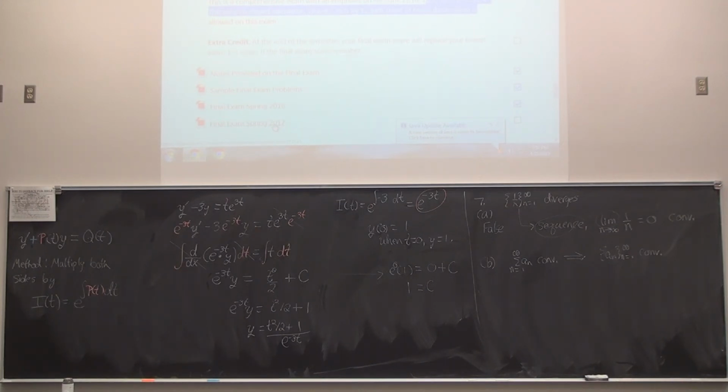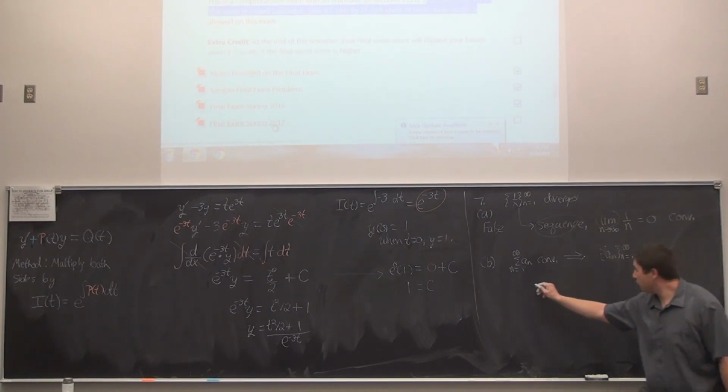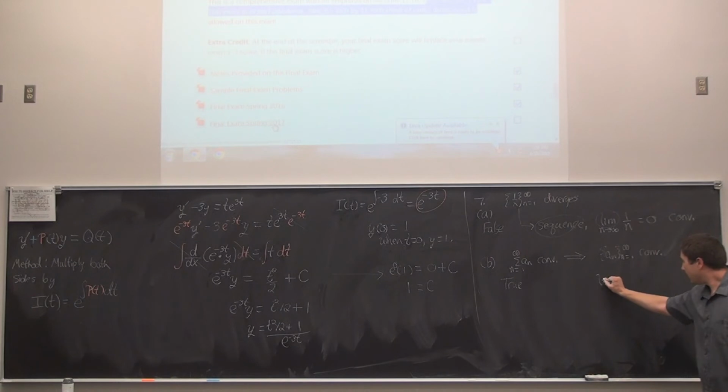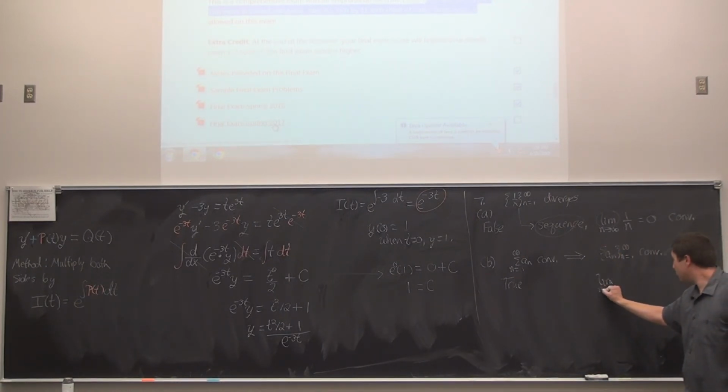It's a little bit different, right? Because we're told the series converges. We're meant to conclude the sequence must converge. This turns out to be true, and this is a way you can justify why it should be true. We'd like to take, because we're dealing with a sequence, the limit as n goes to infinity of a sub n. Anyone know what that limit ought to come out as?